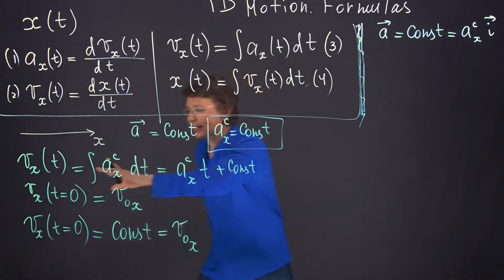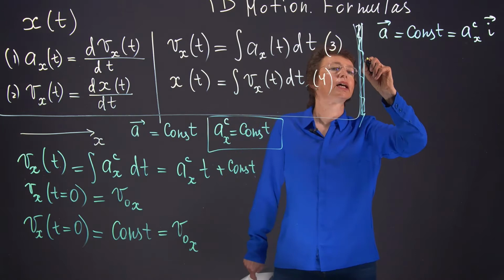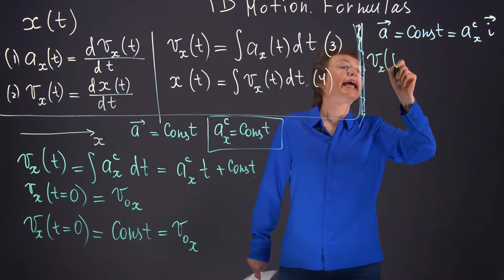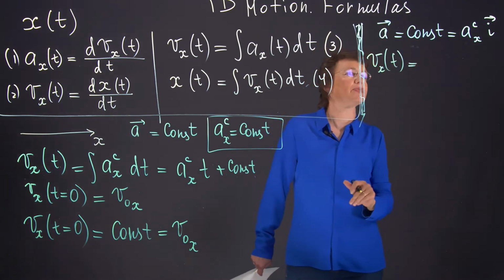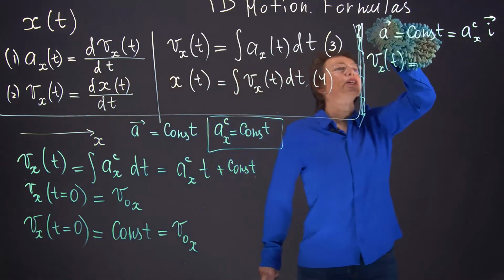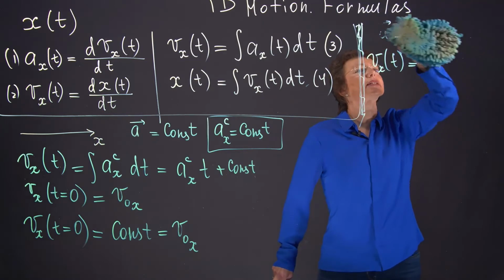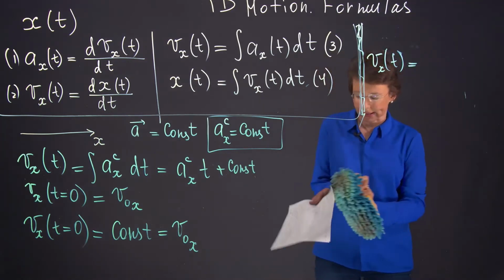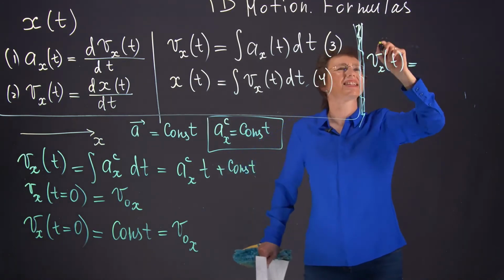Where we are, right here, vx at any time moment. For this specific case, I still don't like it. We don't need vectors. So let's just write that a sub x is constant. And that's it.